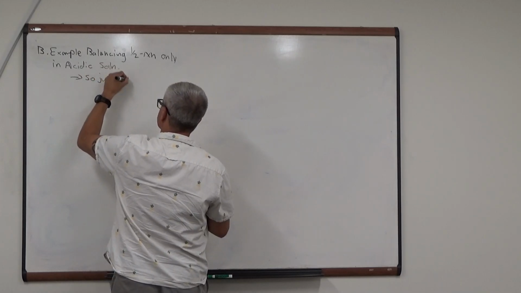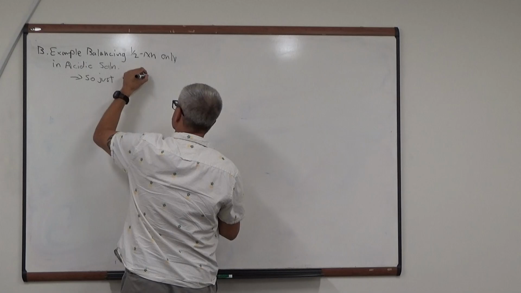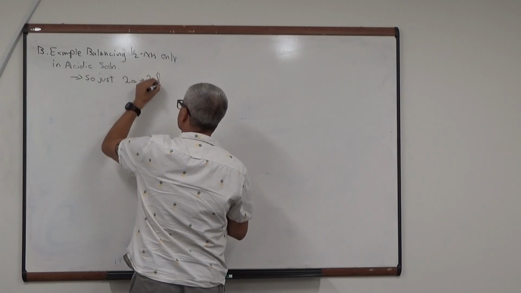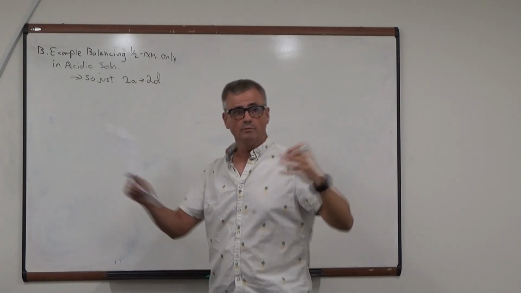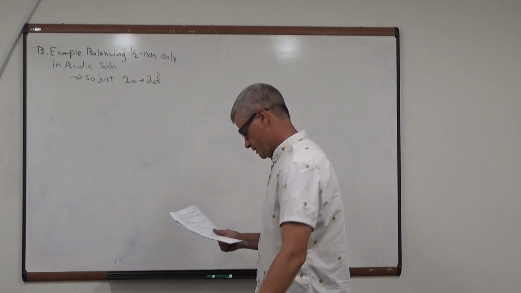So just 2A to 2D. Step 1 was dividing them into the half reactions.